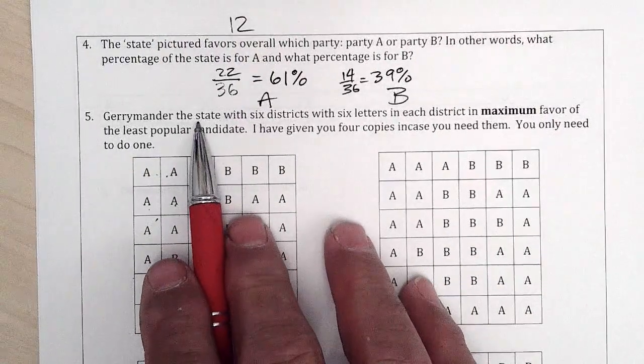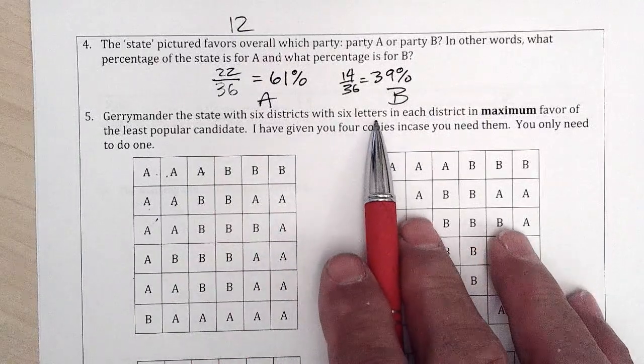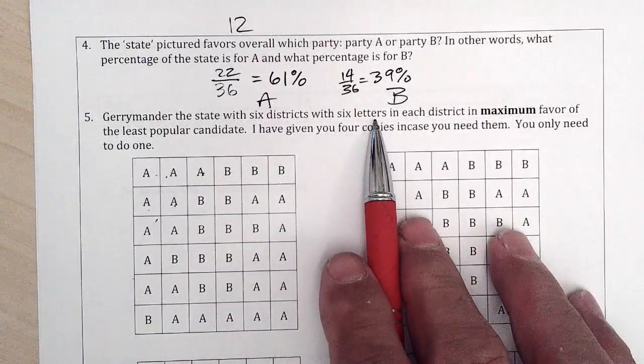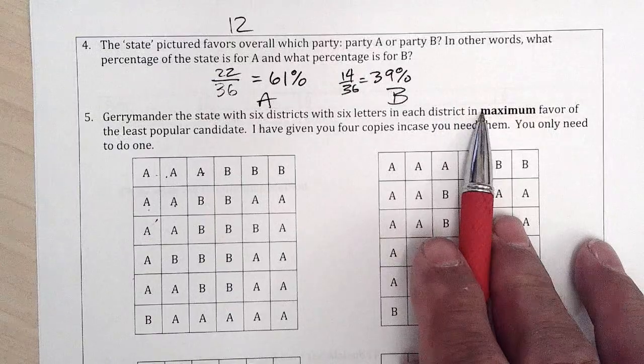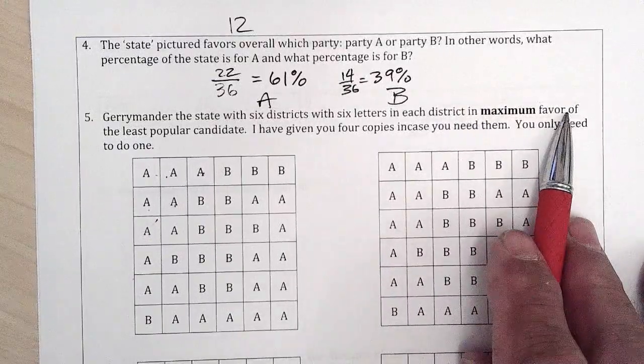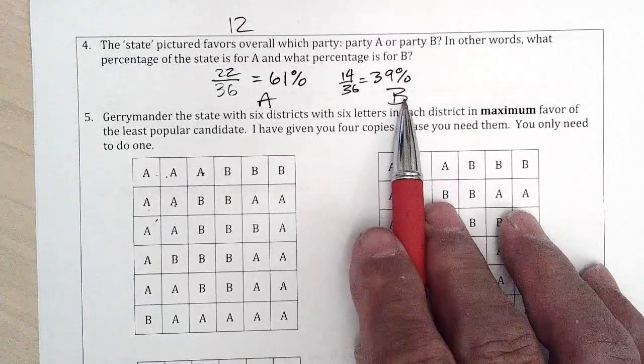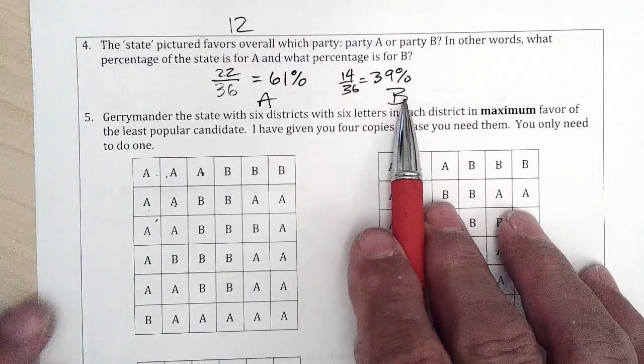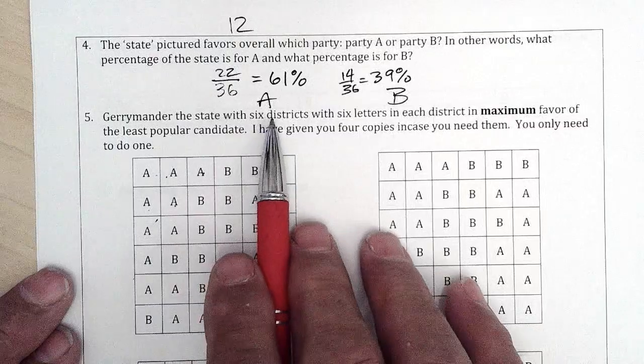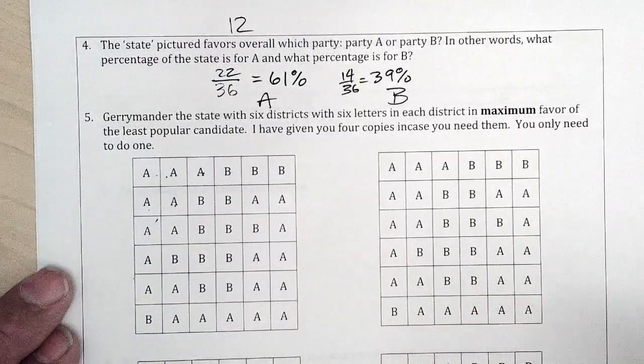Gerrymander the state with 6 districts and 6 letters in each district in maximum favor of the least popular candidate. So B is the least popular. So I want to clump together A as much as possible.